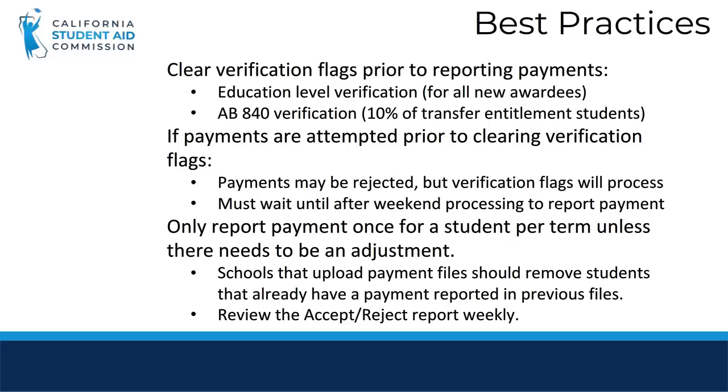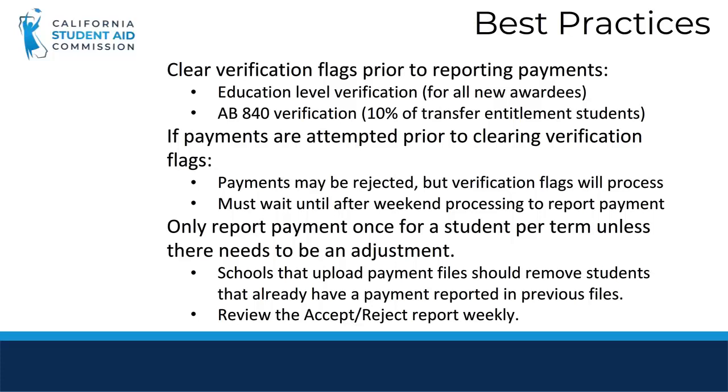If payments are made before verifications are complete, some payments may be rejected by the system and require the verification to be complete before the payment is processed. Schools only need to report payments for students once per term, unless the student's enrollment status changes at Census and an adjustment is needed.